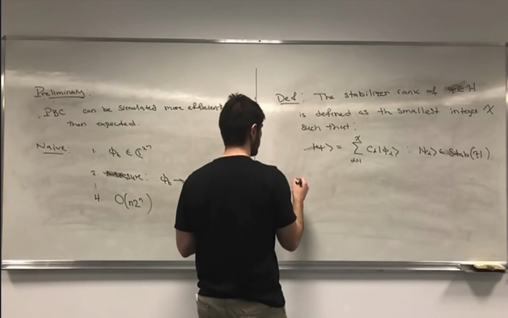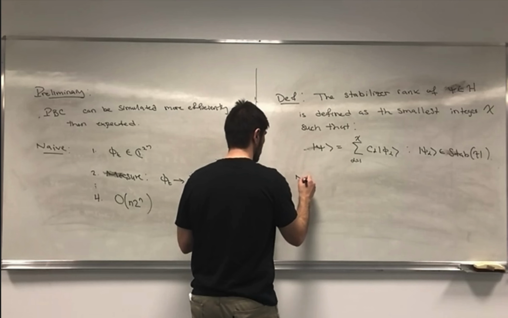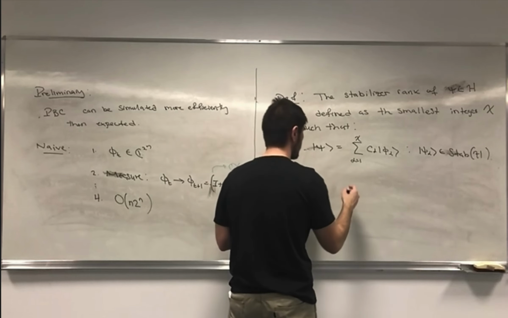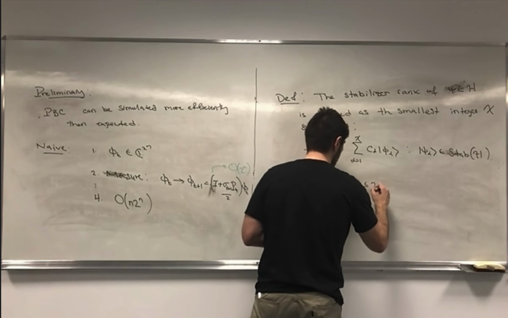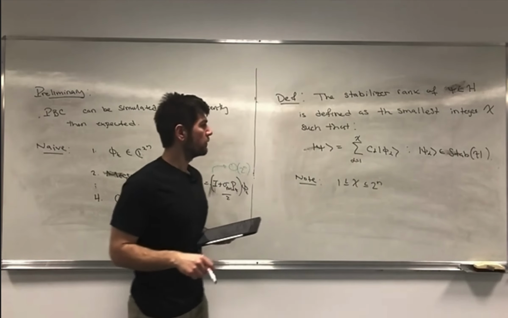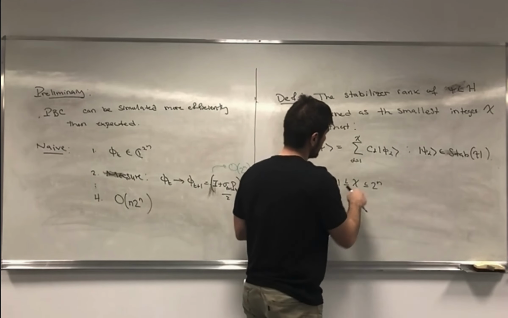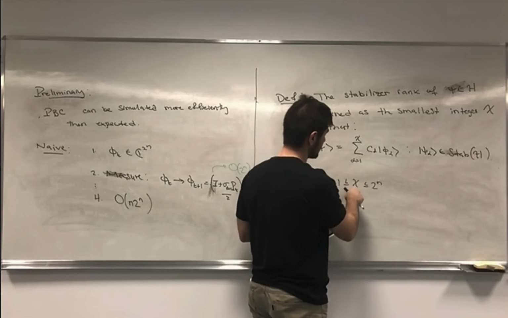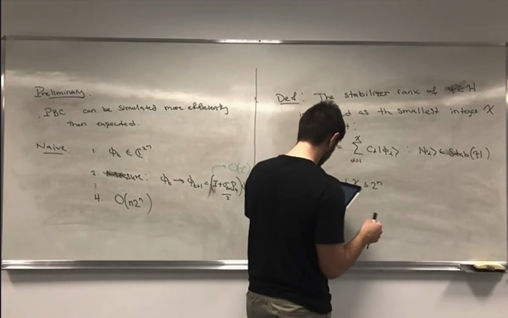Okay, so just a couple of remarks. One, clearly we should have that the stabilizer rank is between 1 and 2 to the n. 2 to the n is the dimension of my Hilbert space. So if this is to be useful at all, it's got to be between these two numbers.